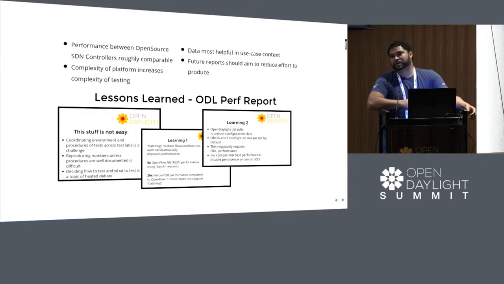OpenDaylight can persist that data and store it on the disk, while a lot of other controllers keep that in memory by default. We can turn that on and off, and we found that we were getting quite bad numbers until we turned off data persistence in the config data store. So configuration can have a huge impact on what numbers you're getting.